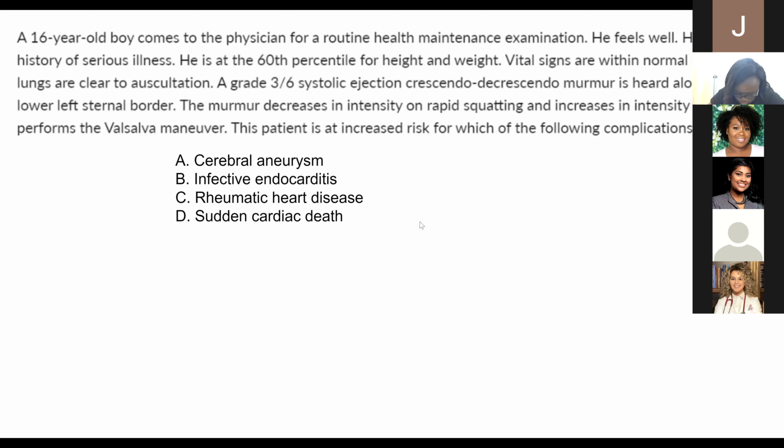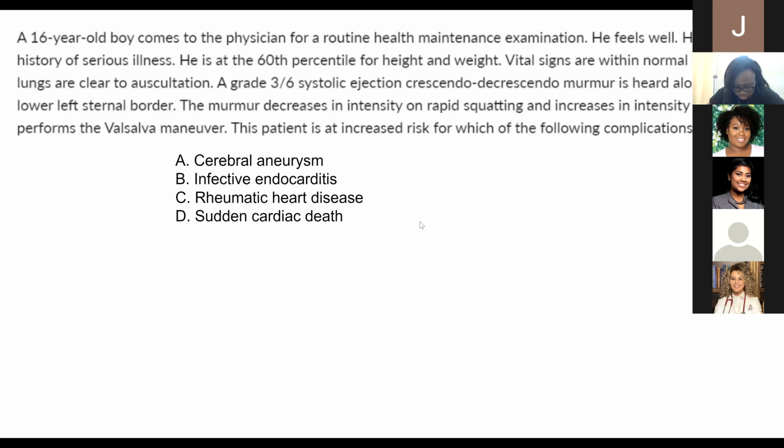So do we know what the Valsalva maneuver is? They did teach us this in term 1, I believe. The Valsalva maneuver is when you hold your breath, and guess who does it all the time? Athletes, especially when they're working out.